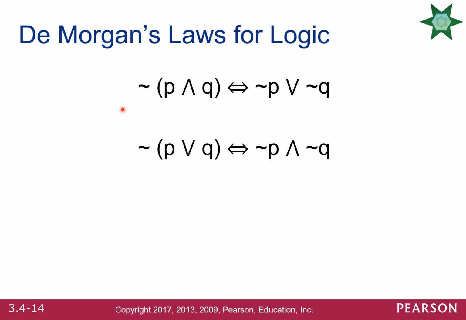It says not, and then within brackets P and Q is equivalent to not P or not Q. And then we have the other one which says not, and then within brackets P or Q is equivalent to not P and not Q. And these are actually converses of each other, right?